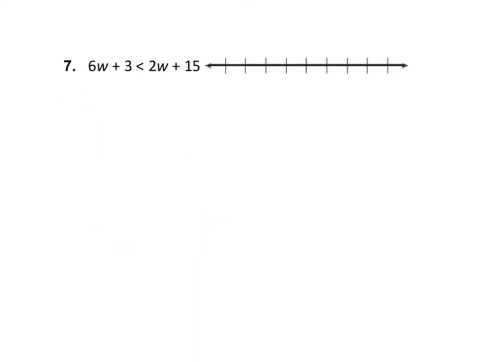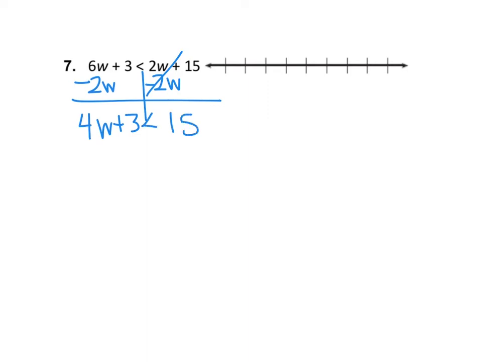All right, so our next one. All right, so remember when you've got variables on both sides that you need to combine the variables first before you do the numbers without the variables. So I'm going to then minus a 2w, and then I'll do that on both sides. So I'm going to have 4w plus 3 is less than 15.